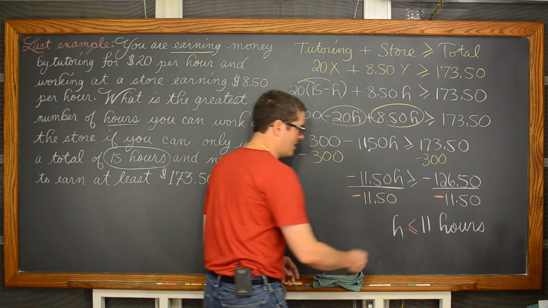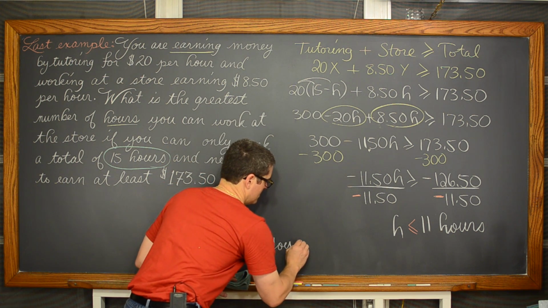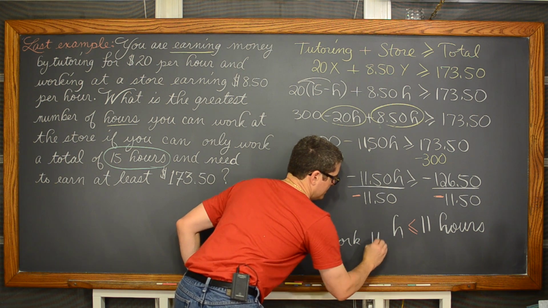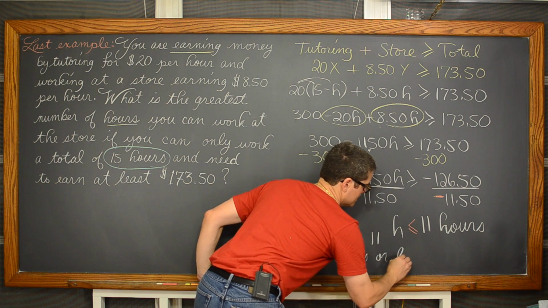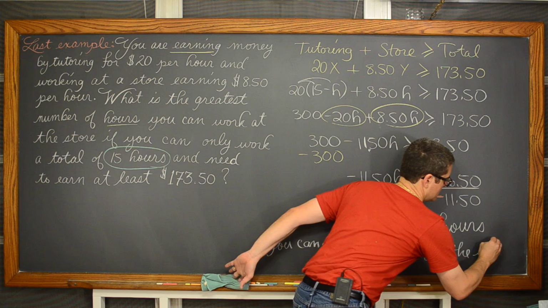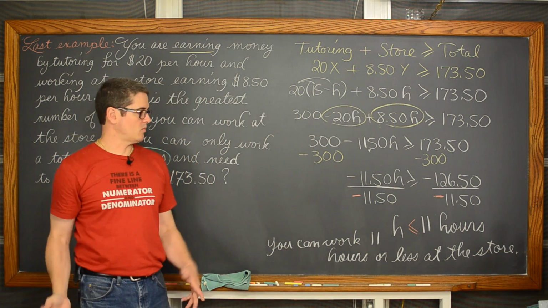That's the number of hours, 11 hours. So you can work 11 hours or less at the store. Now I kind of just stopped immediately and said, well, I'm done.